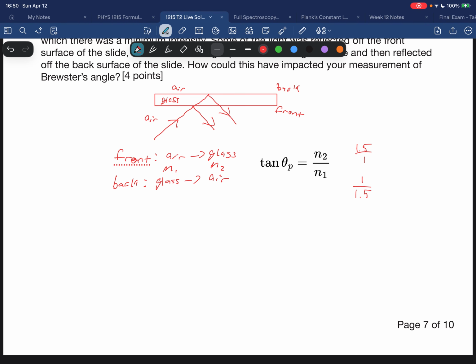So very clearly, these are going to be different angles, which means that the Brewster angle will be different for both surfaces.